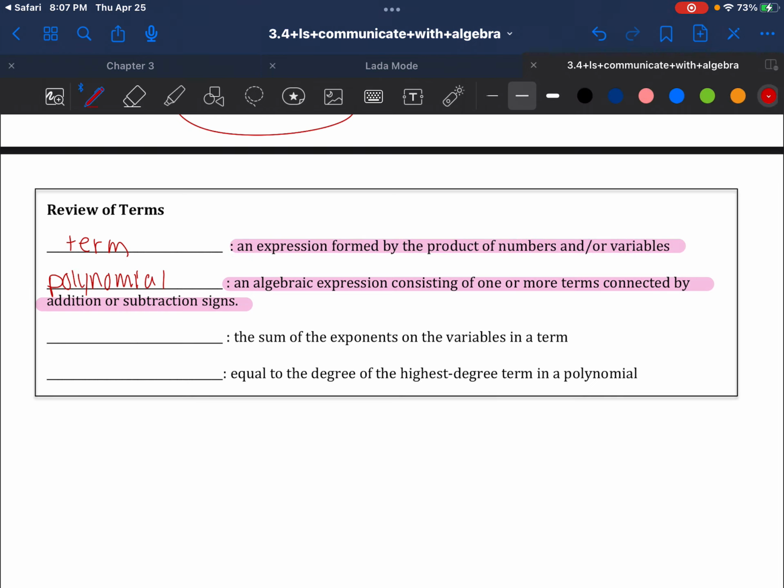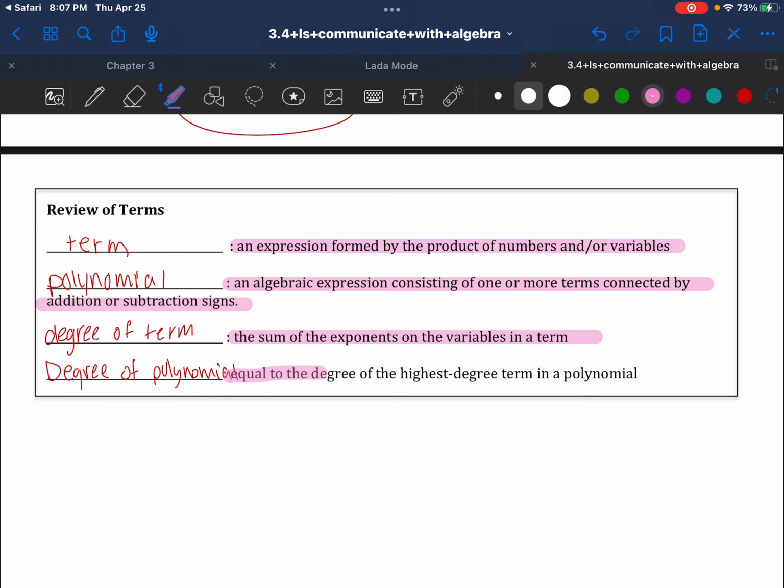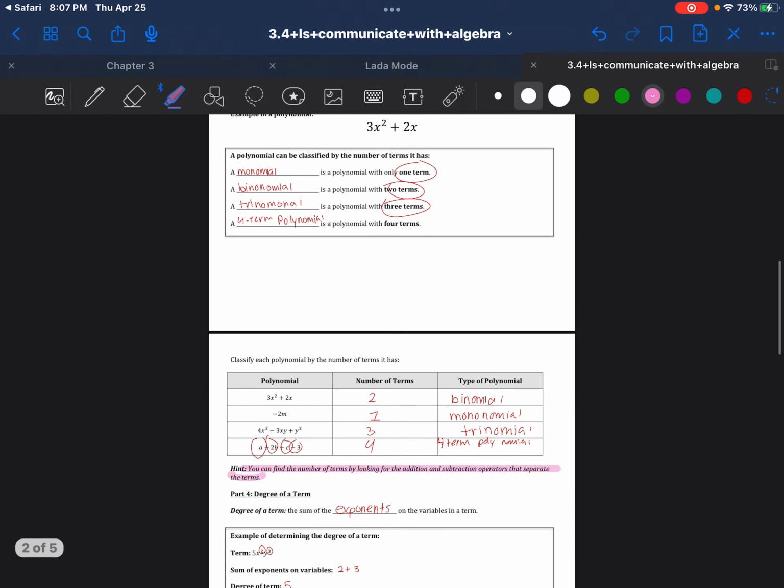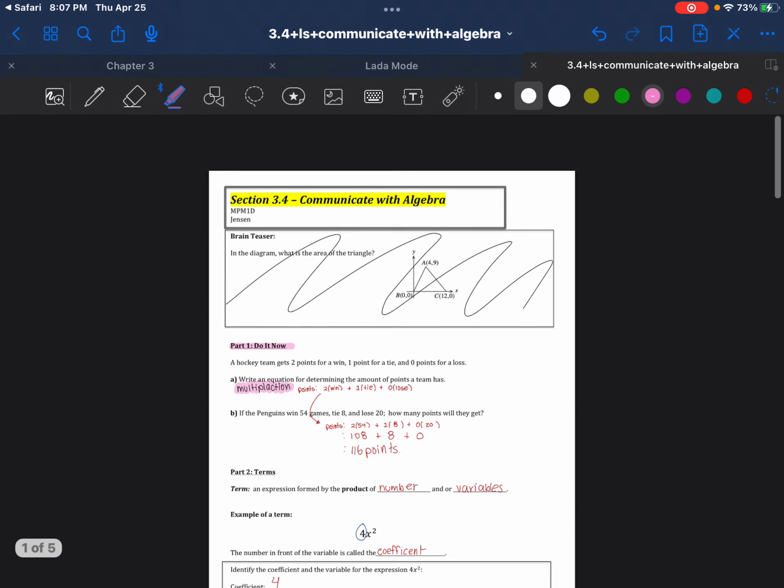Degree of a term: the sum of the exponents on the variables in a term. And degree of a polynomial: equal to the degree of the highest degree term in a polynomial. So look back if you need anything, but yeah, that should be it.